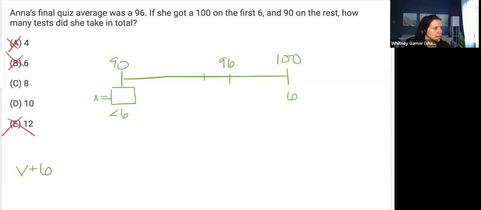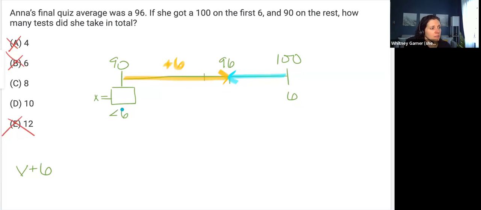So one of the things I can do is say, all right, she pulled in both directions. The 100 is weighted strongly enough that it pulled the average all the way up 6 from the 90, towards the 96.